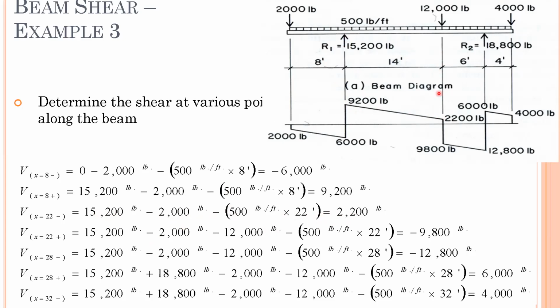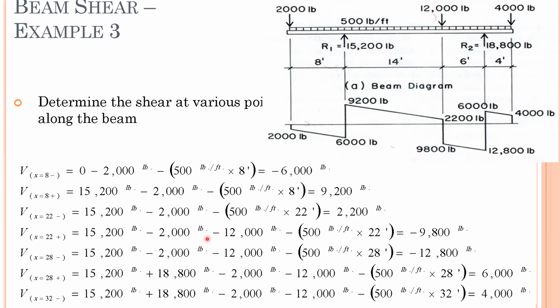At 22 now, all right. Notice you have a 1,200 there now. All right, force coming down. Let's look at the positive side of it now. So you have the 1,500 minus the 2,000 minus the 1,200 minus this. So you repeat yourself again, but you include this guy here. This is one way to do it. There are other ways.